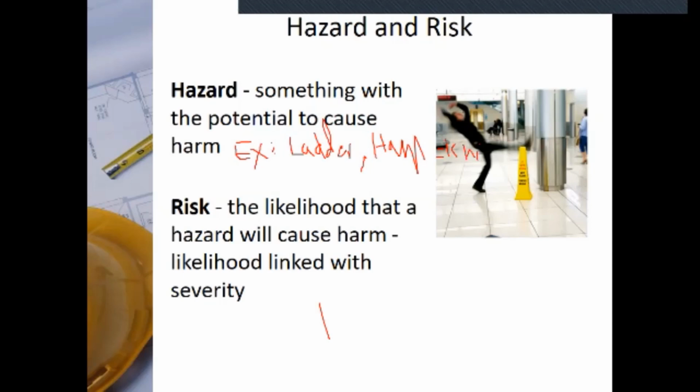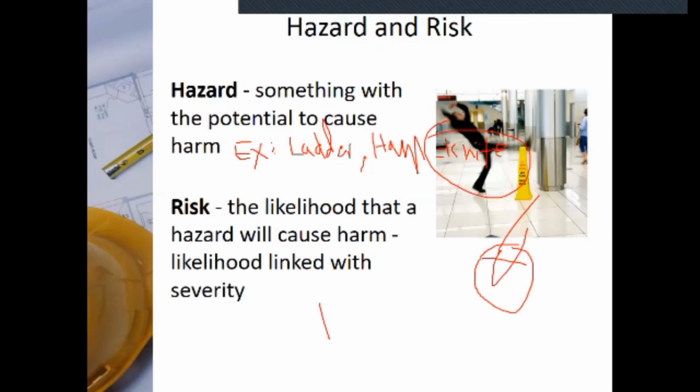Okay, for example, a risk is by using a knife, unfortunately you cut the finger. Therefore, this is known as the risk, the consequences. The risk is the likelihood that a hazard will cause harm, likelihood linked with the severity.